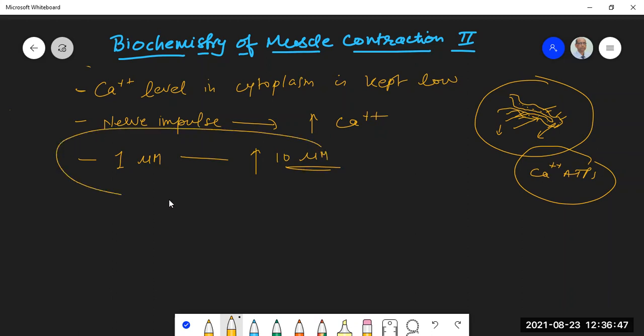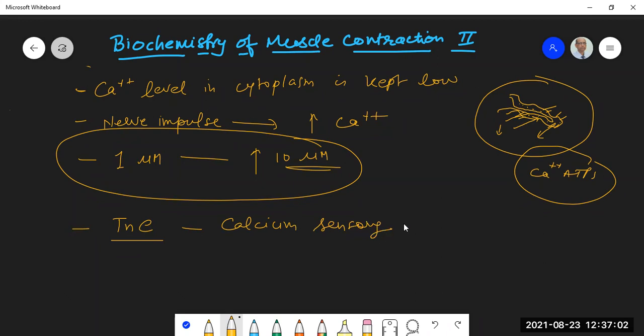Who detects this level of calcium in the cytoplasm? It is detected by a calcium sensory protein called TnC. It's a part of the troponin complex, a subunit of troponin. We have earlier studied another calcium sensory protein, that is calmodulin.